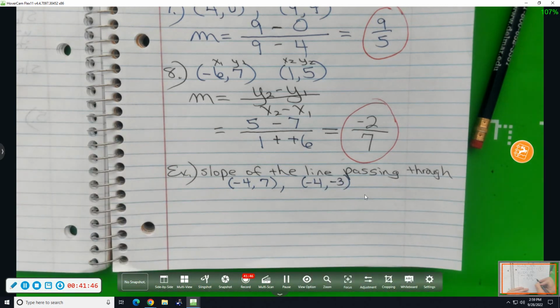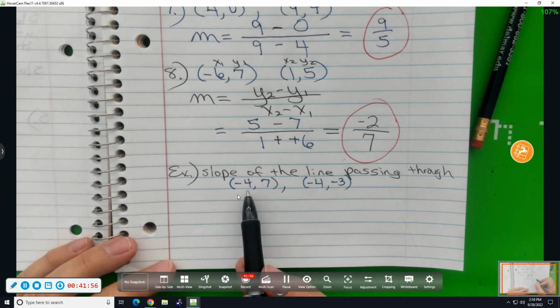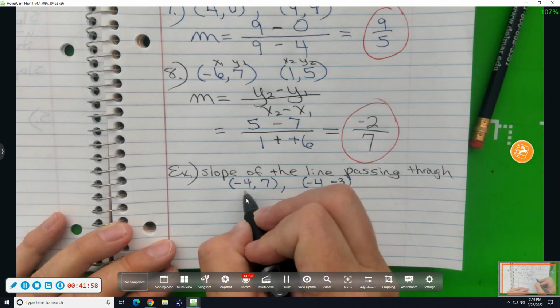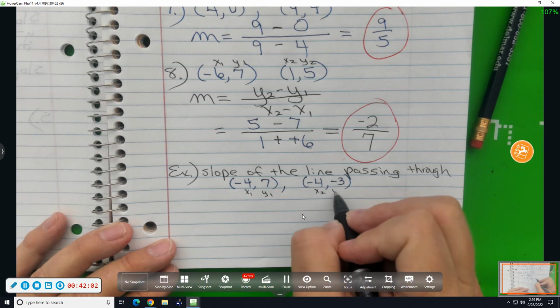Oh, we have a lot of negatives. I know. Good. So label the X1, Y1. Well, it's hard because I knew you wanted me to conserve paper, so I didn't skip a line. I'll write it right here underneath. X1, Y1, X2, and Y2.